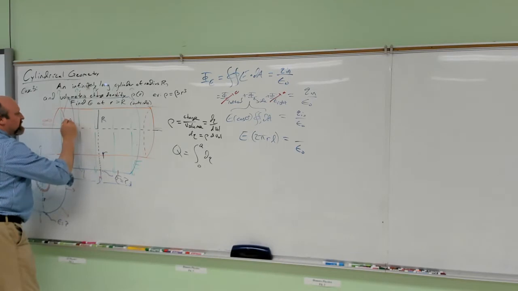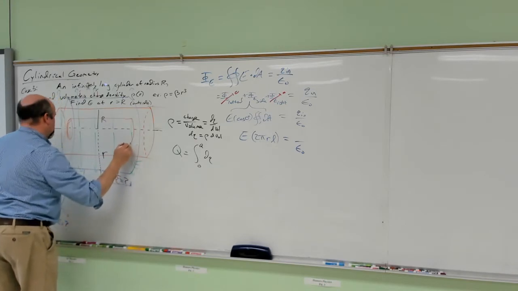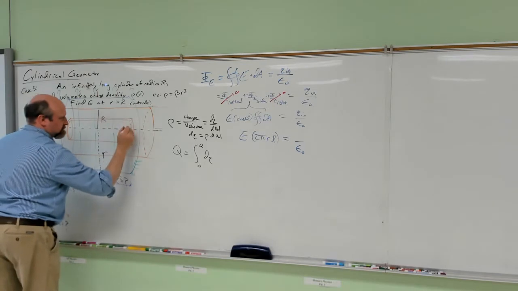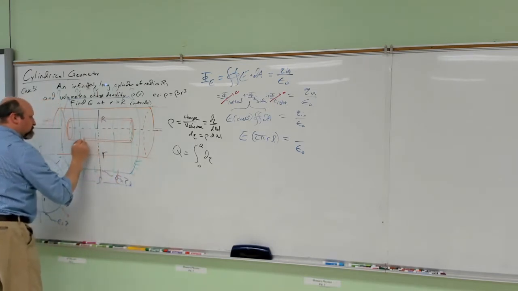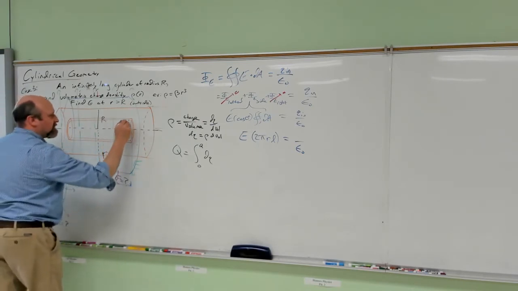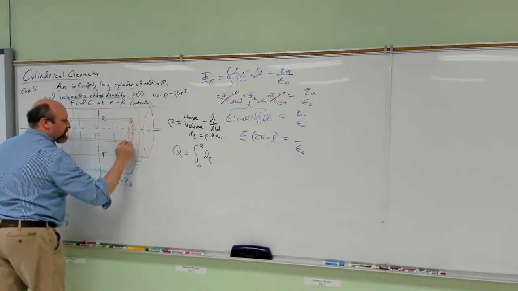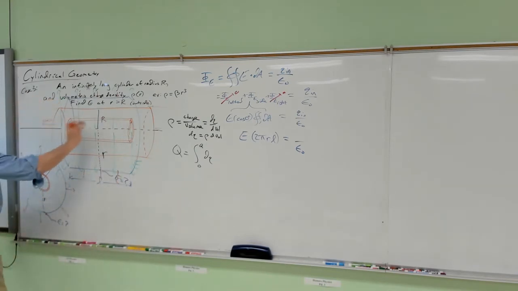You know what I'm saying? What I'm slicing out is, yeah, I didn't draw that very well. Okay, there we go. So what I'm slicing out is a cylindrical shell.